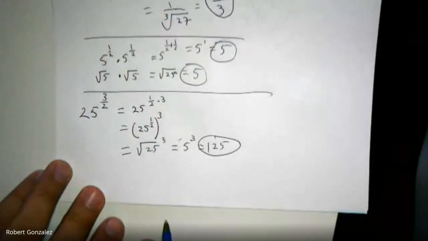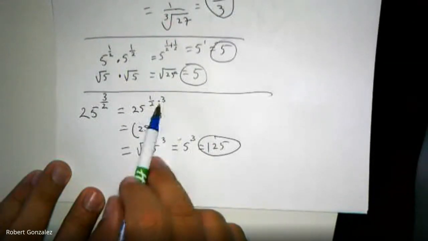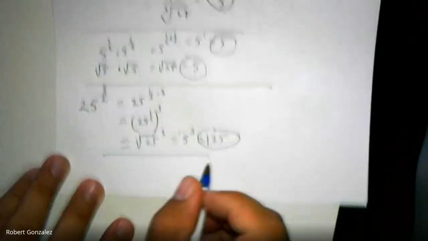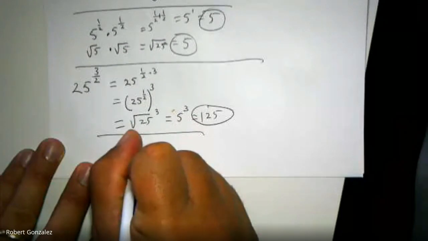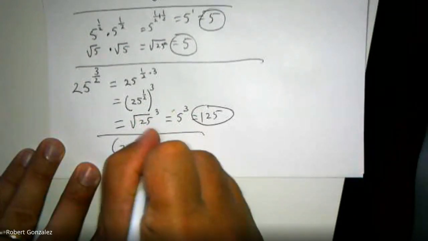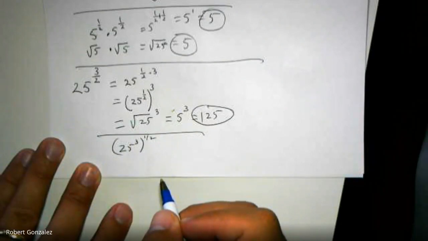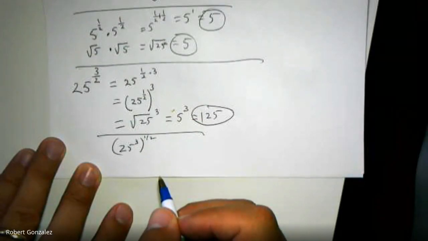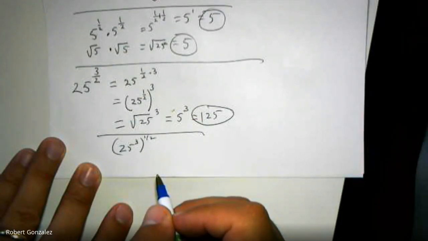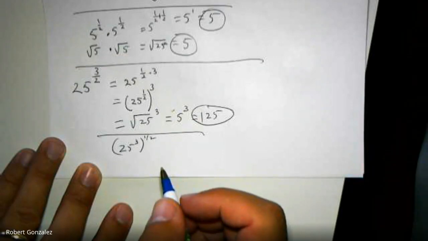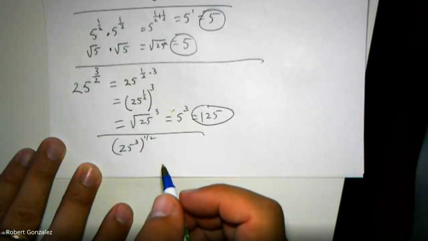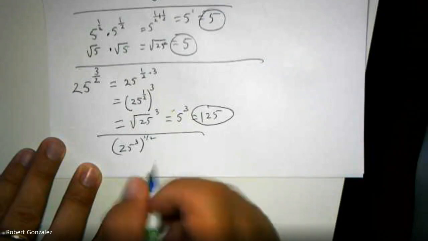Now what's really crazy is, you see these two numbers here? I could have done it in reverse. I could have done 25 to the third and then take the square root. I don't know what 25 to the third is. You tell me what it is. What's 25 to the third? Anyone? You have your calculators with you? Your phone? 25 to the third, right?